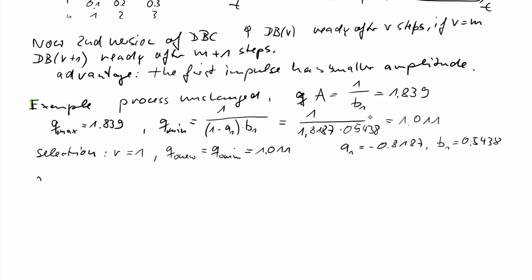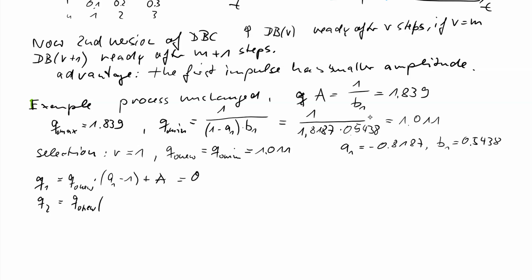Then we have Q1, which is our new Q0 times A1 minus 1 plus A, and A was this value, and you see what happens. This becomes a 0. But now there is a Q2, so we have more multiplications.